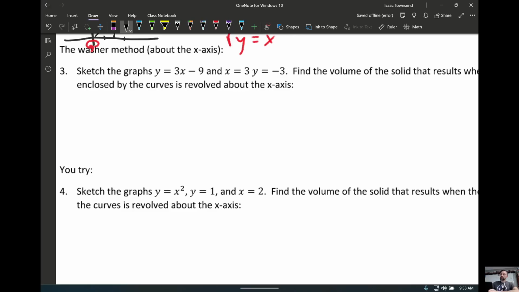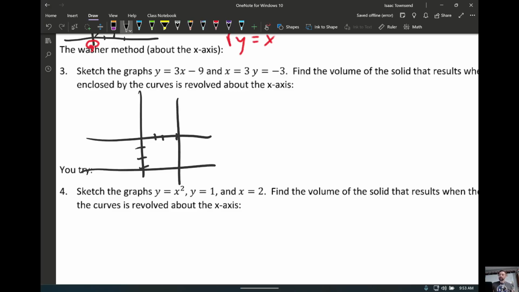Okay, so again, I have no idea what this picture needs to look like, so I'm just going to dive into it. X equals 3, y equals -3, and then 3x minus 9.